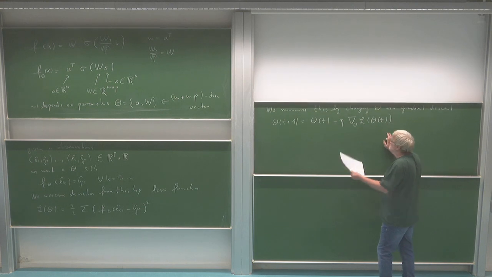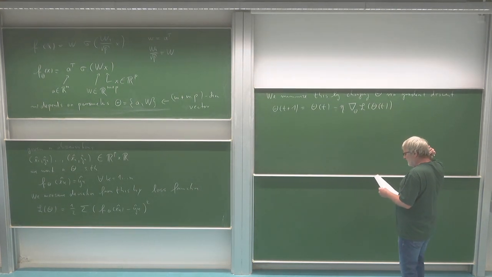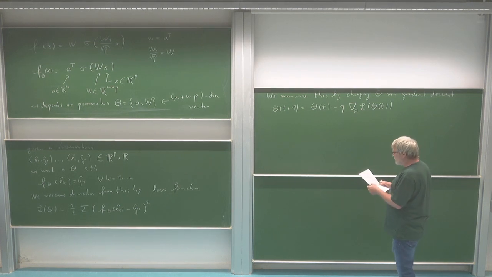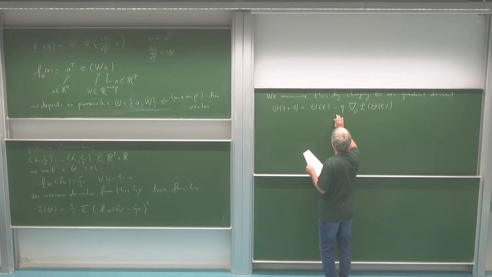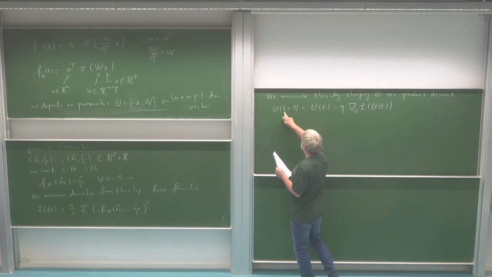So that's what gradient descent is doing, and maybe it's nicer to write this in a more differential form. So maybe let me rename this by looking at theta as a function of time.